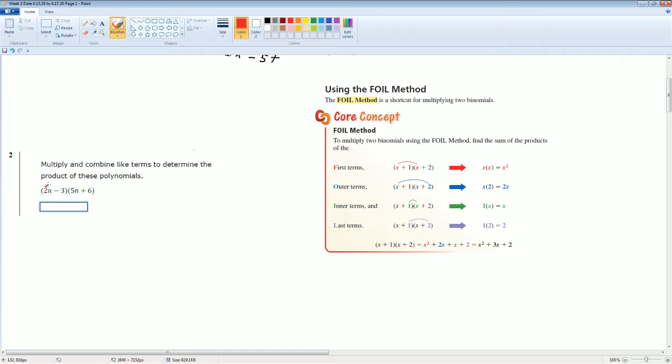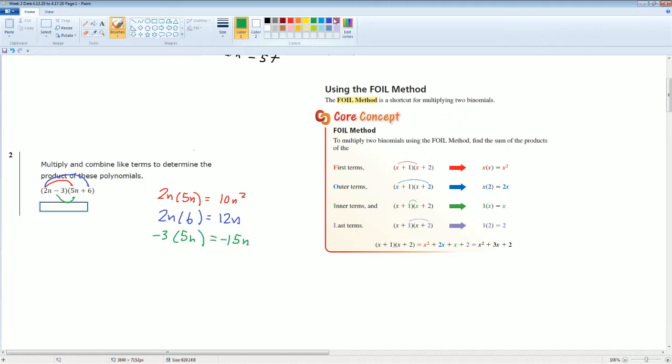Okay? All right? This is our first. So 2n times 5n, that becomes 10n squared. Then you have your second term, which is your outer, which is in blue, right? 2n times 6, that becomes 12n. Then your green, which is your inner, negative 3 times 5n becomes negative 15n.